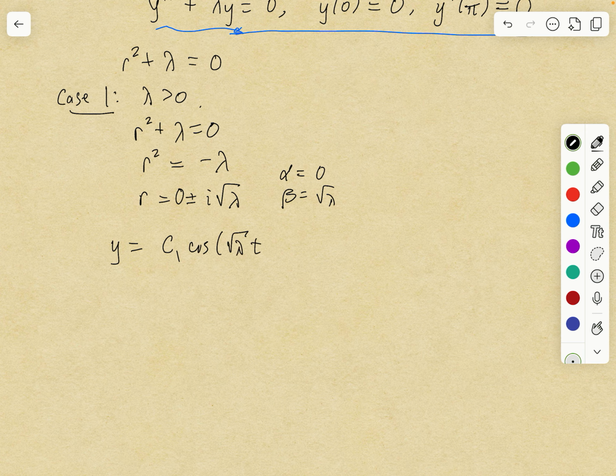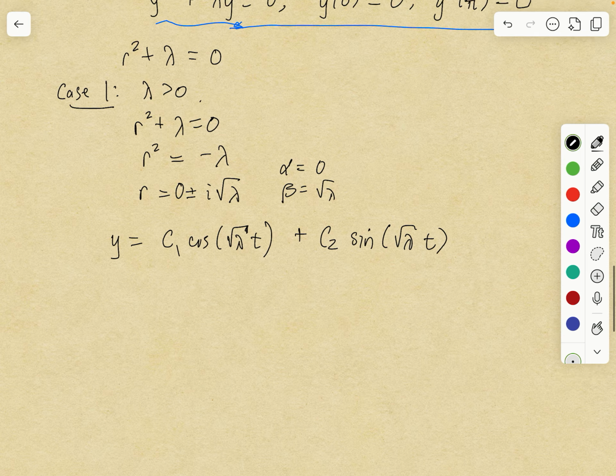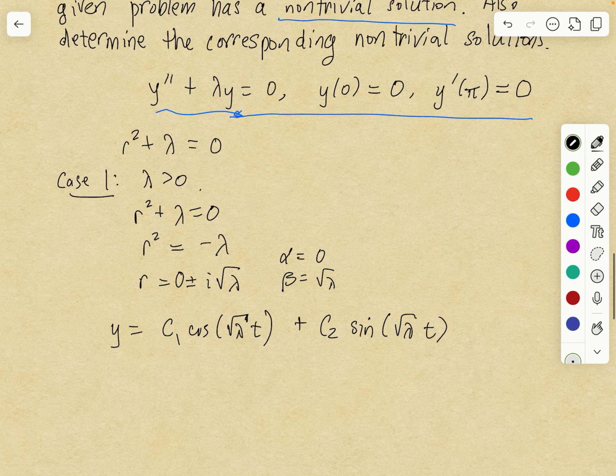I put the little vertical line under the square root to remind myself that the t is not inside the square root. Plus c2 times sine of the square root of lambda t. That's my general solution to the homogeneous equation.